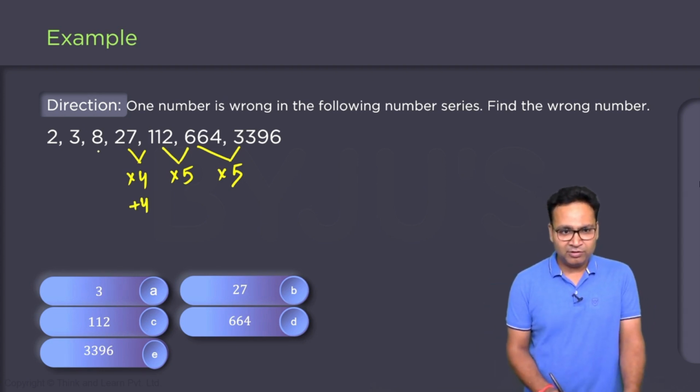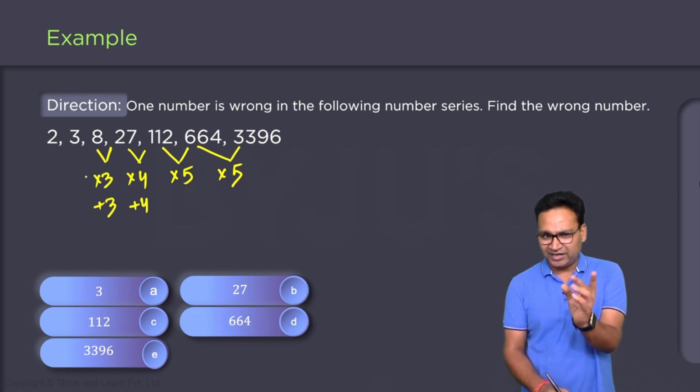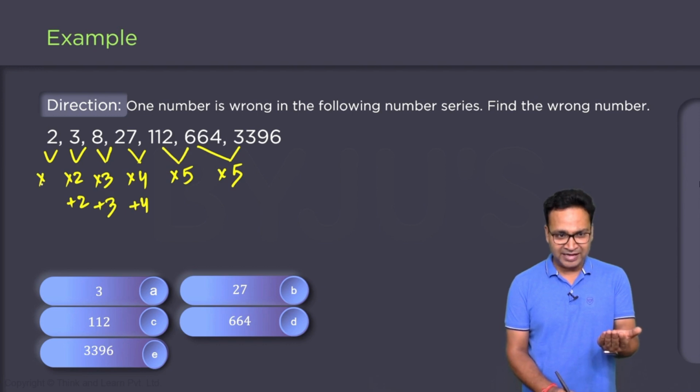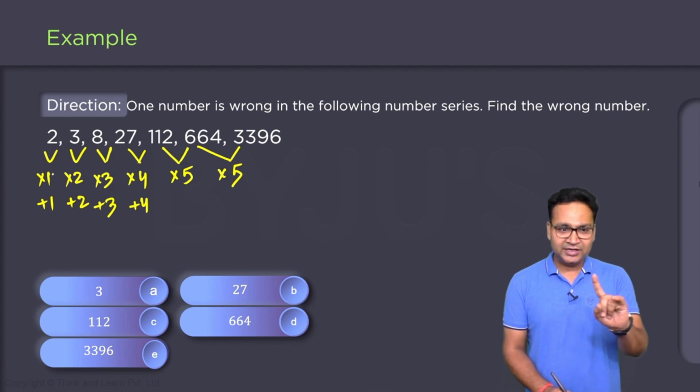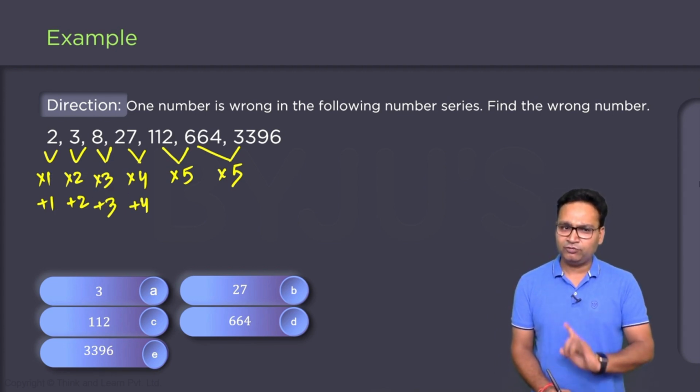When you look at this, 8 3s are 24, 24 plus 3. I think I'm getting some trend. 3 2s are 6 plus 2. Yes, I think everything is matched now. What is the only problem? The problem is it is into 1 plus 1, into 2 plus 2, into 3 plus 3, into 4 plus 4.